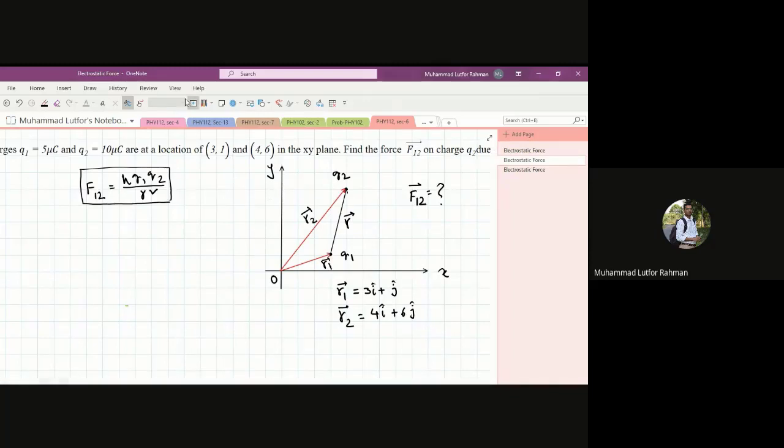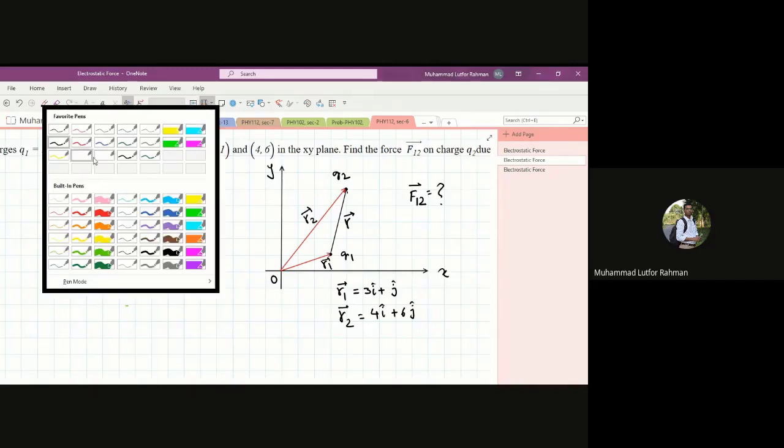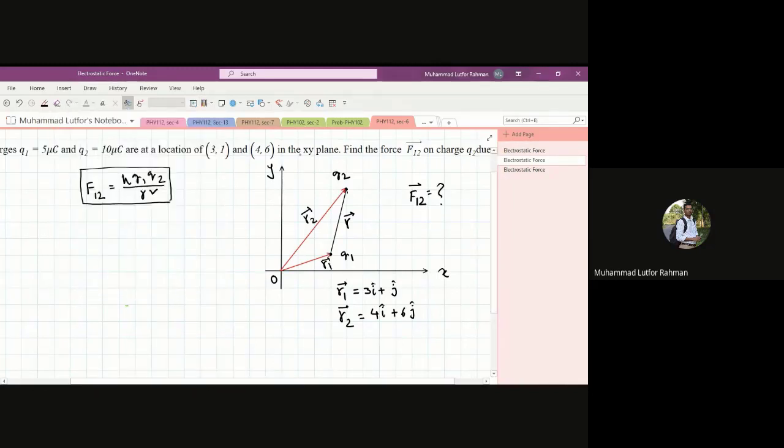Now I can draw the force. Q1 is going to provide a force on Q2 towards that direction. This is the force on 2 provided by charge 1, in the direction of the R vector. The R hat would be towards that direction.